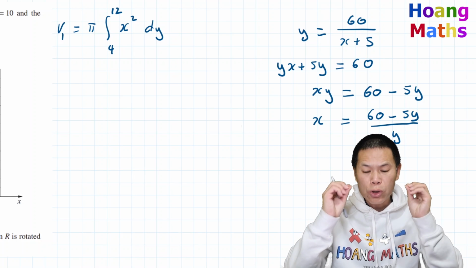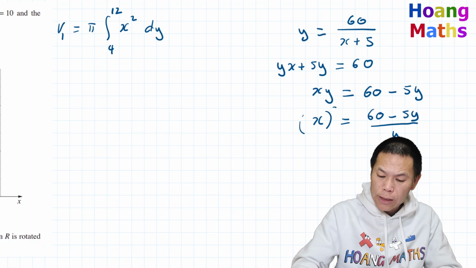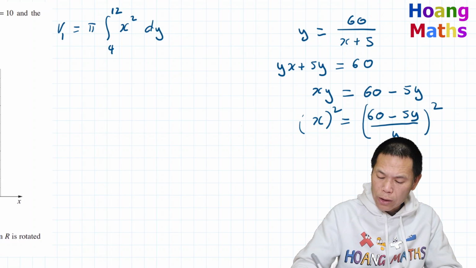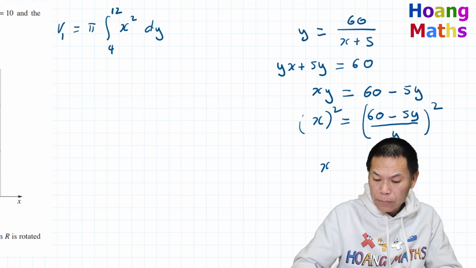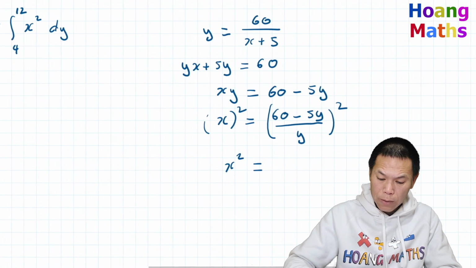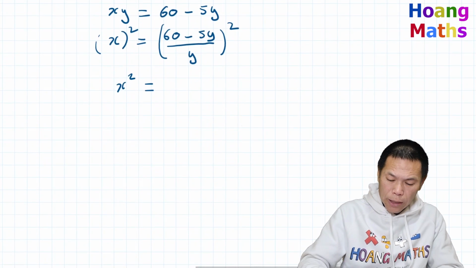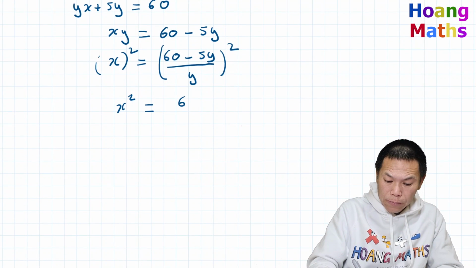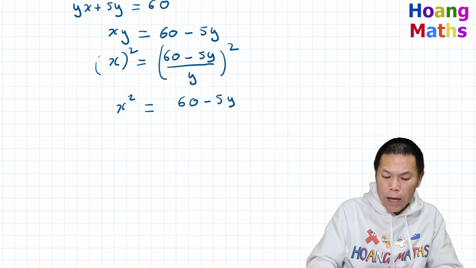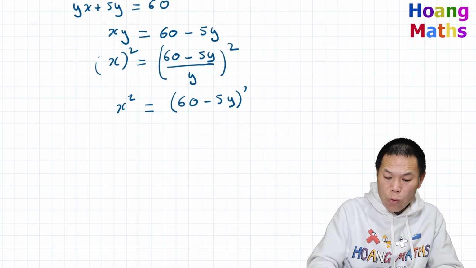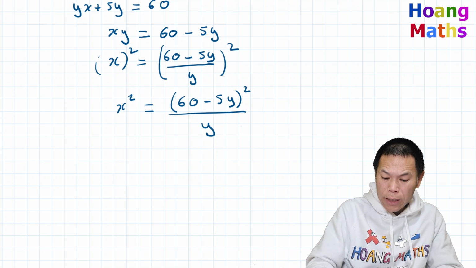And I square both sides. So if I square this and I square this, so that becomes x squared is equal to (60 minus 5y) squared over y squared.